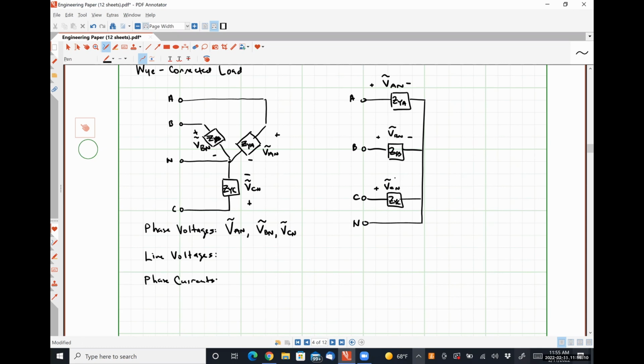That doesn't, C doesn't look good to me on this diagram. What are our line voltages going to be? Yeah, so just the exact same thing. Effectively, all of these quantities are going to be literally the exact same thing we had on the source side. They're just going to have capital letters, right?